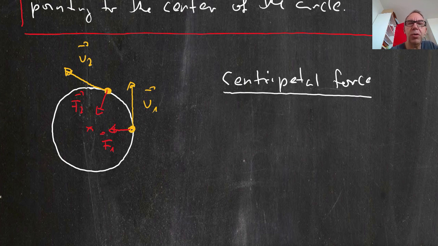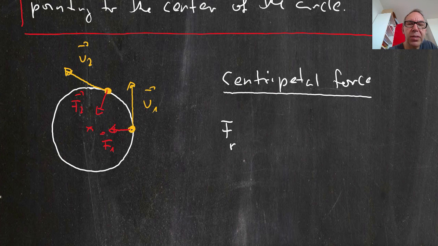And a centripetal force, centripetal meaning towards the center, so we can just use Newton's law here. Then this F1, F2, F3 and so on is called, for the magnitude, Fr, R because it's along the radius of the circle.